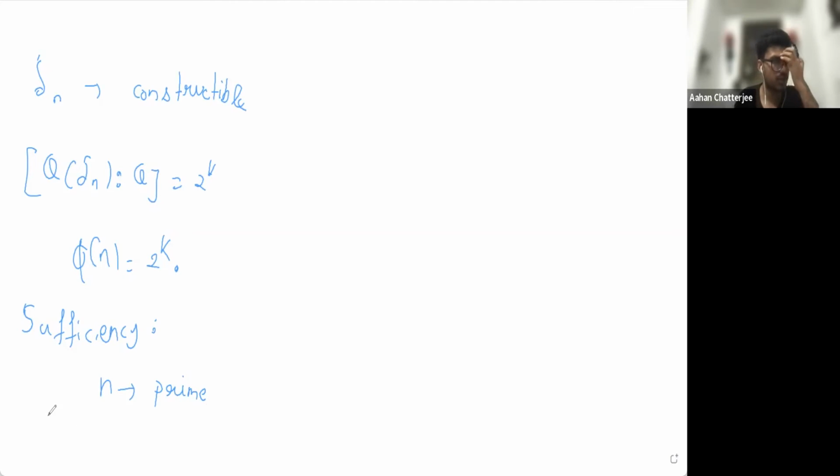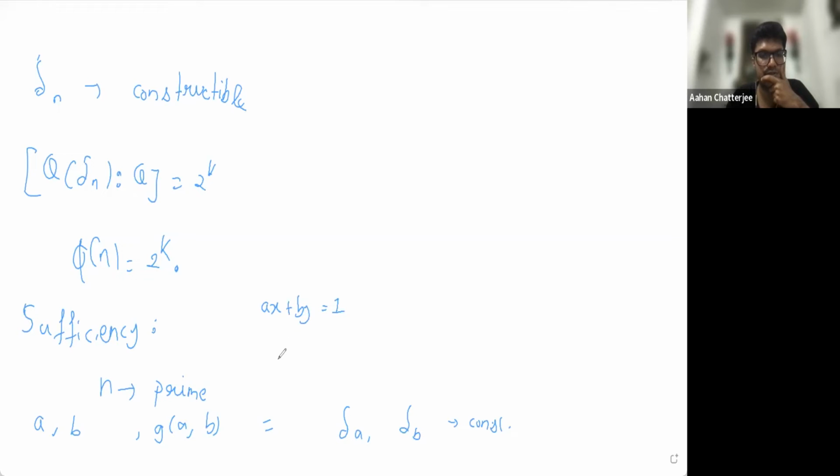Okay, so basically if you have a and b coprime, and say sigma a and sigma b are constructible, then by Bezout's there are x and y such that ax plus by equals 1, and so you get sigma ab is sigma a raised to x times sigma b raised to y.